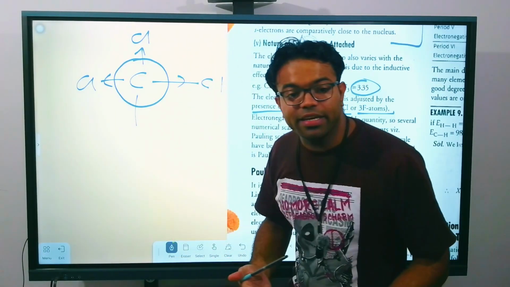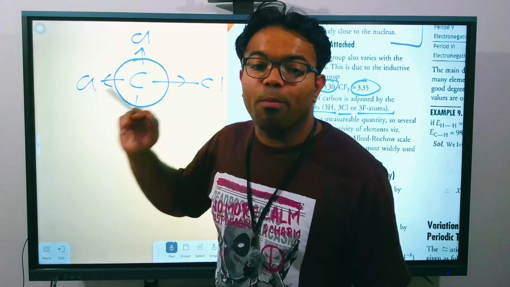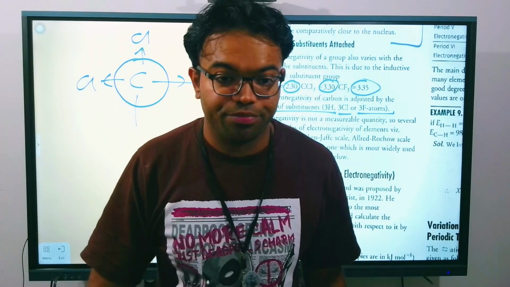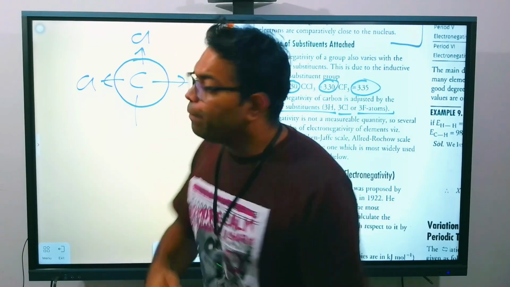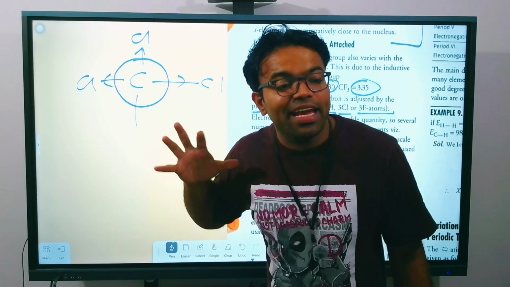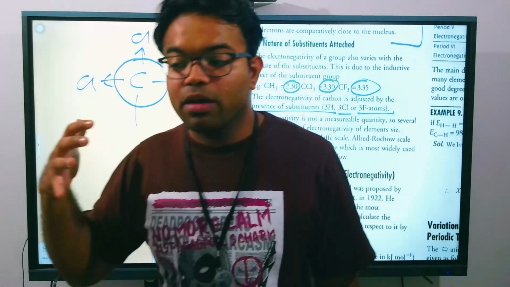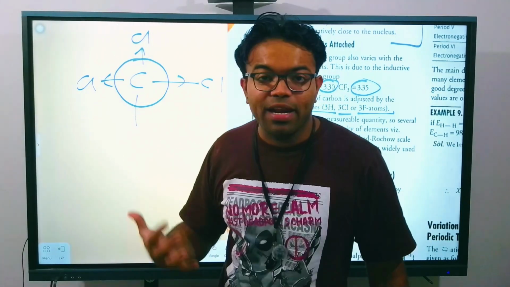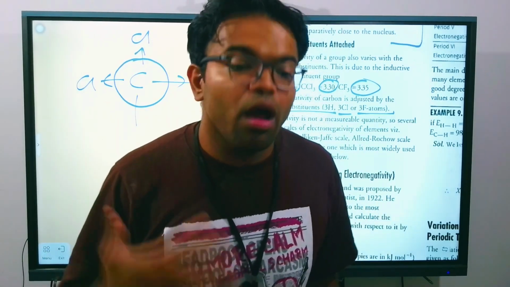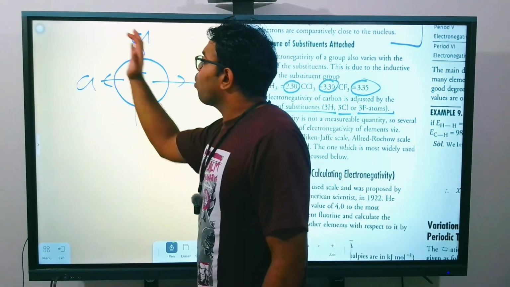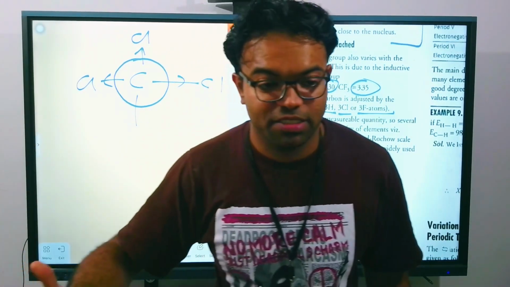Now, what is happening here? Now, this carbon atom is more electropositive. The effective nuclear charge has increased because it is lacking electrons. Initially, before the chlorine atoms were attached, the electrons were much closer to the nucleus. But now, because of these chlorine atoms, the electrons are much further away from the nucleus.